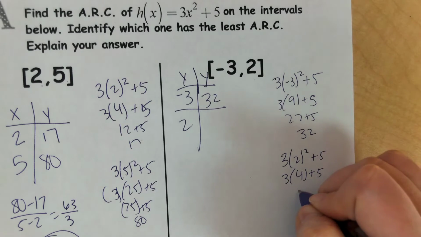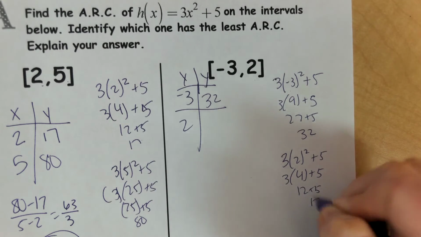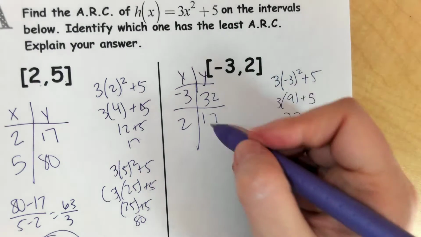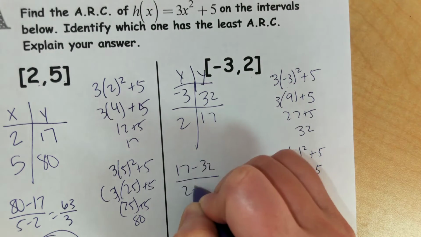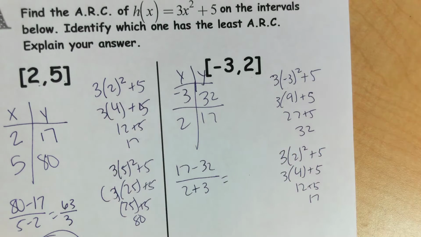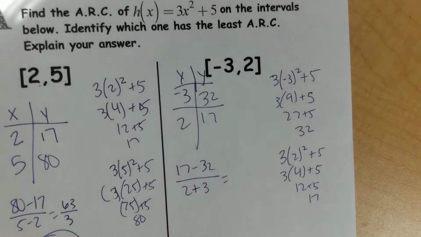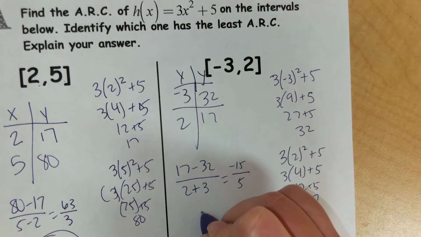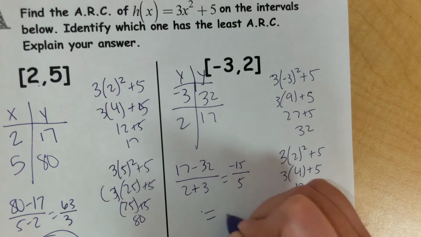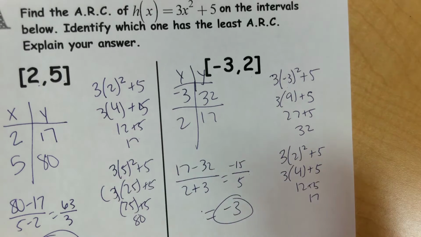We've actually already done this one. It's 12 plus 5, which is 17. Now we do the same calculation: 17 minus 32 over 2 minus negative 3, which is 2 plus 3. So 17 minus 32 is negative 15, over positive 5. Our average rate of change here is going to be negative 3.